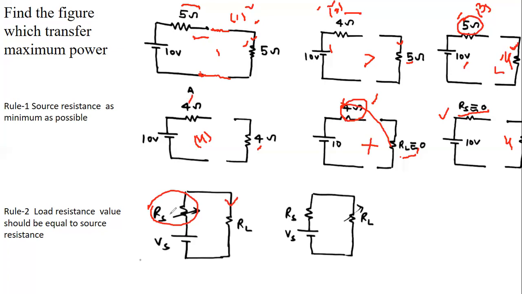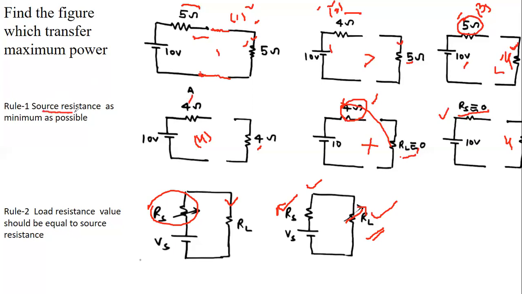But what is the condition? We have no control on the source resistance. The source resistance is always fixed, and we can only vary the load resistance. So the maximum power transfer theorem is defined for the case when we have no control on the source resistance. The source resistance is fixed and we can vary the load resistance. Maximum power is transferred across the load when the load resistance is equal to the source resistance. So for maximum power there are two cases.